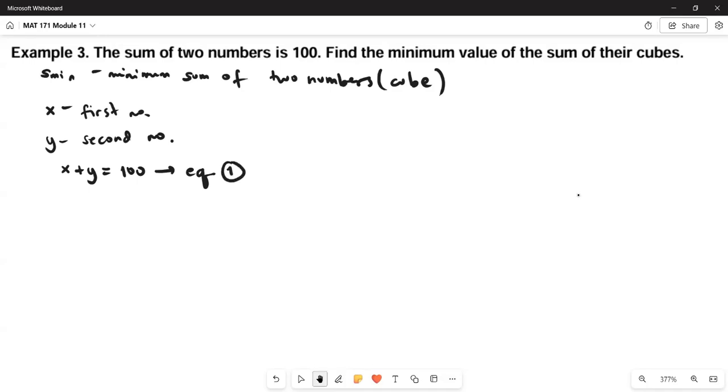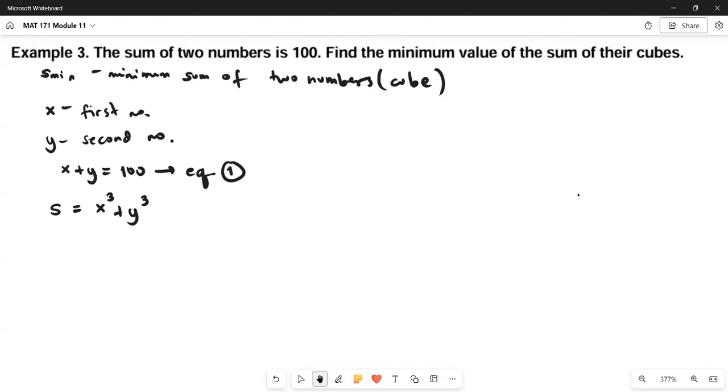But, meron pa bang ibang binigay? So, parang wala na. Okay? Pero sabi dito, find the minimum value of their sum of their cube. So, yung S na lang yung gamitin natin na sum. So, S is equal to x cube plus y cube. So, kailangan natin tong i-minimize.